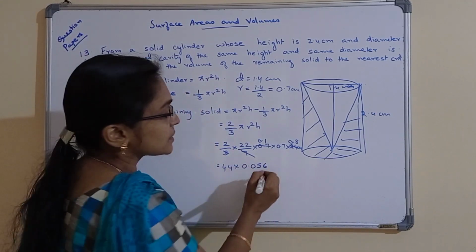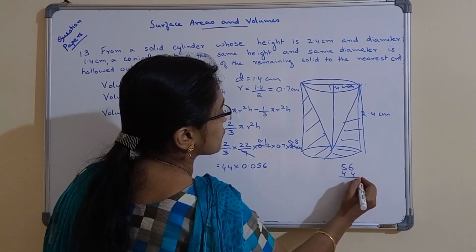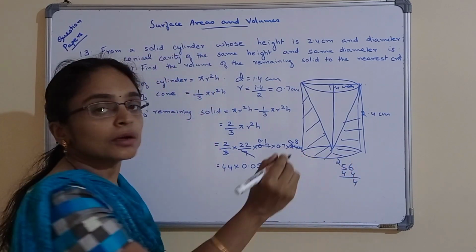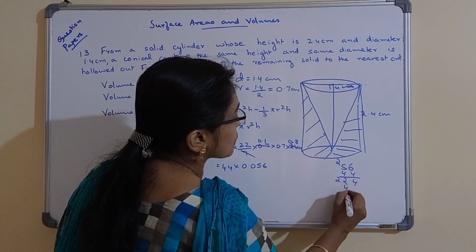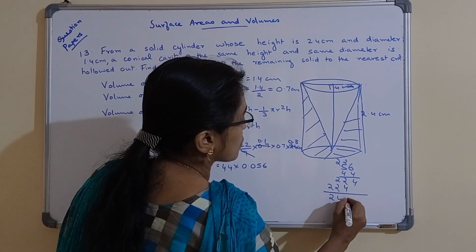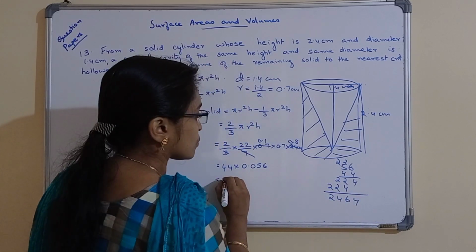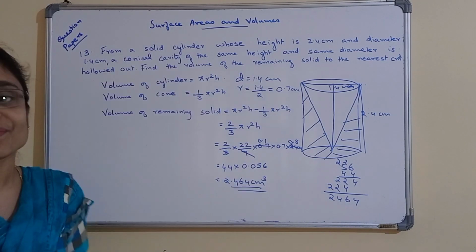Now we can multiply 44 and 56. 56 into 44. 6 4s are 24. 5 4s are 20. 20 plus 2 is 22. 6 4s are 24. Say 224. So 2464. So 2.464 centimeter cube.